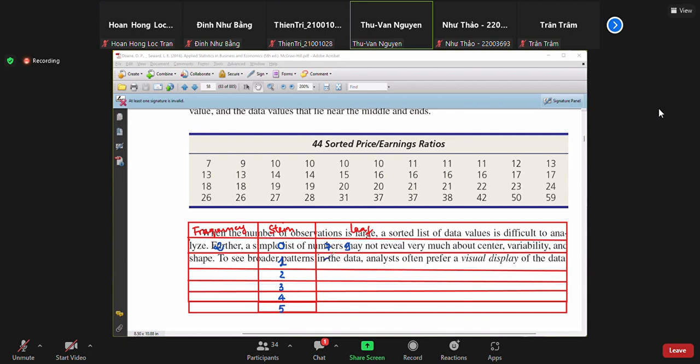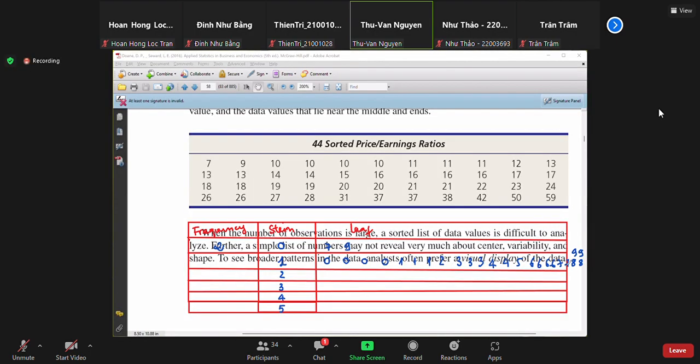I need to list all the leaves. Okay, students, 1, 2, 3, 3 times. Then 3 appeared 3 times. 4, 4, 5, 6, 6, 6, 6. 7, 7, 8, 8, and then 9, 9.